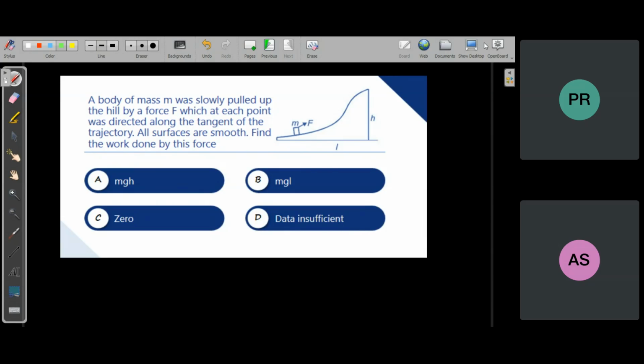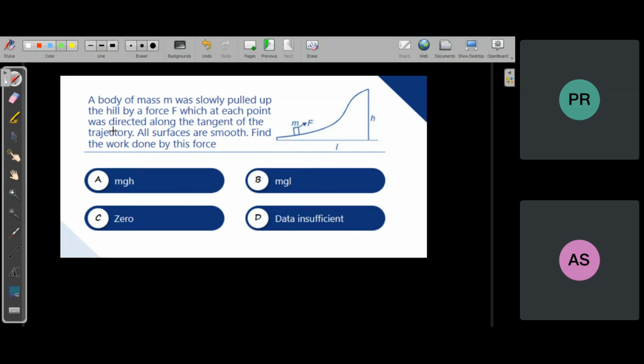Yeah, tell me. Sir, is there any special meaning for that? The force at each point is directed towards the tangent of the trajectory. It means it is along the tangent all the time.